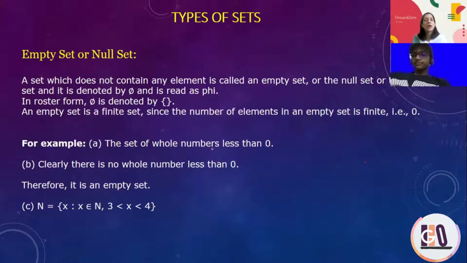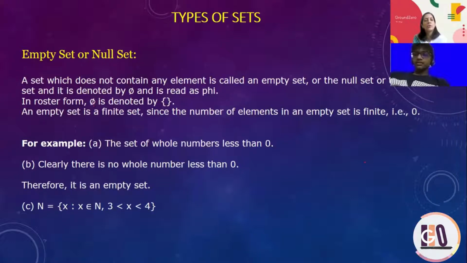Now, how do you represent an empty set? In roster form, it's just two curly braces with nothing inside it, and this is phi.